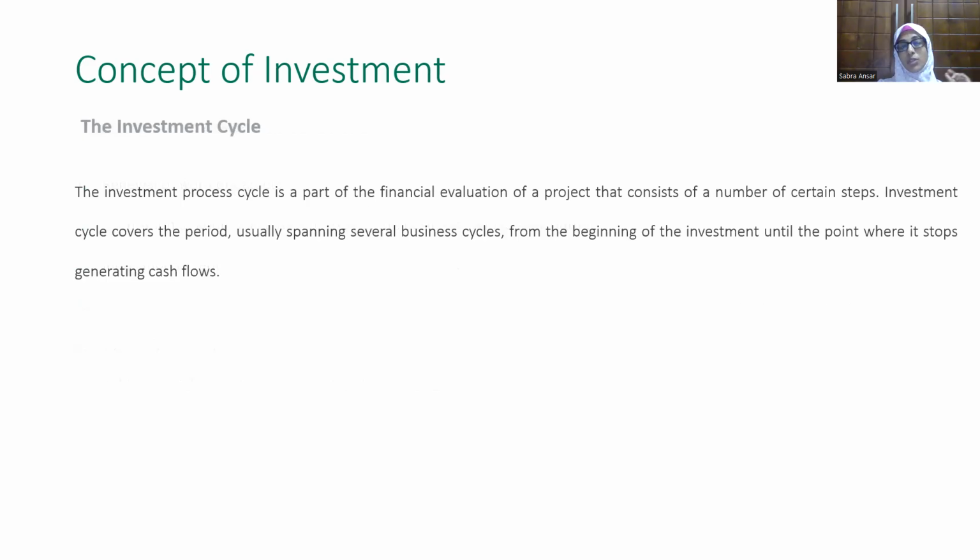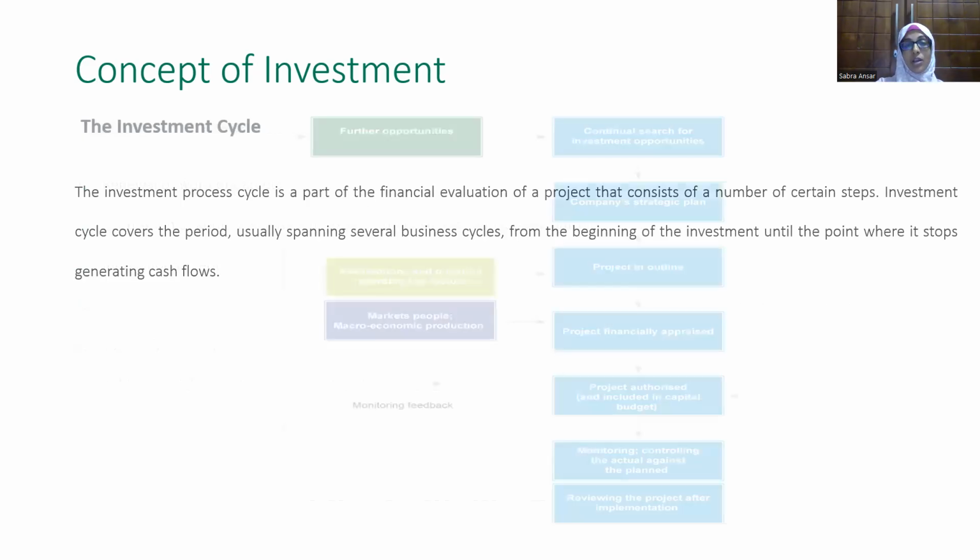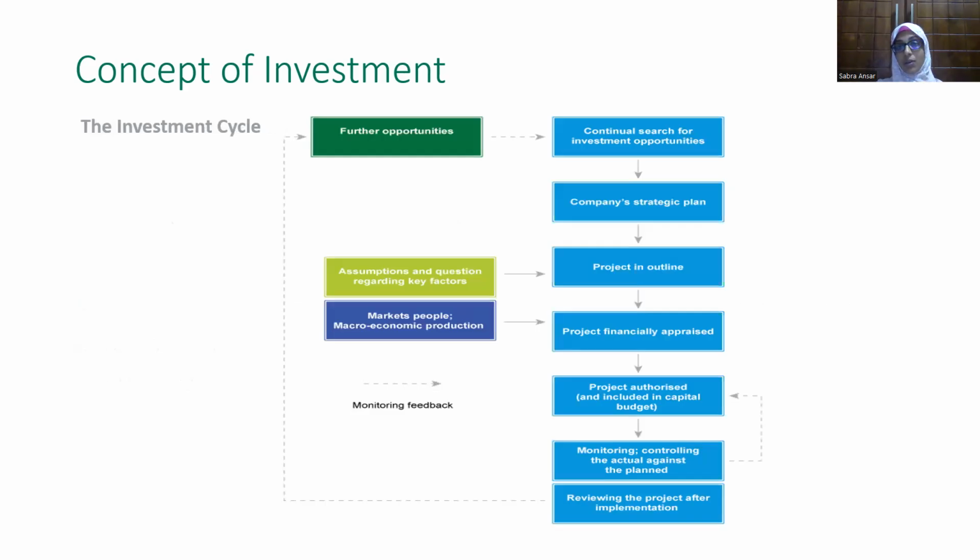We spoke about the investment cycle and how the process worked, where we talked about searching for opportunities according to the strategic plan, then having an outline and appraising financially, looking even at the social side, and then having the budget prepared.